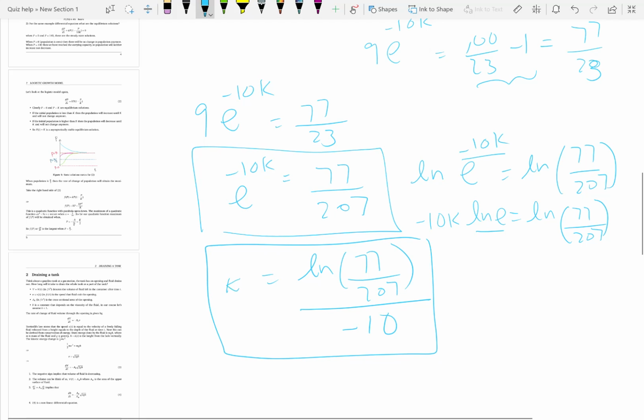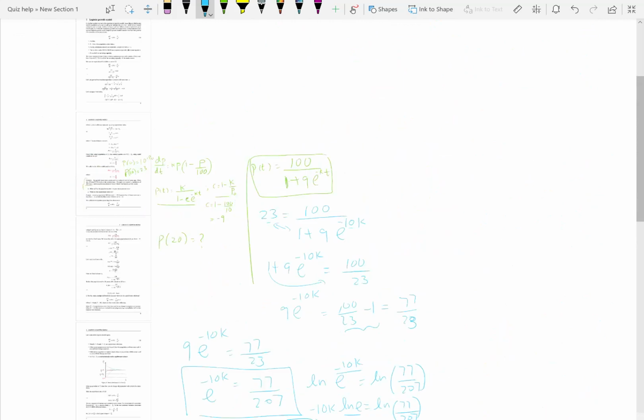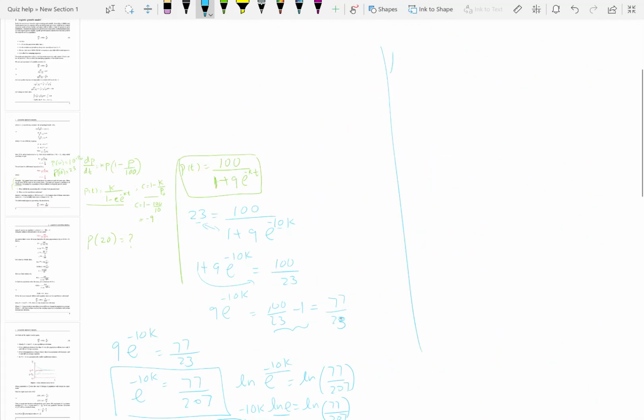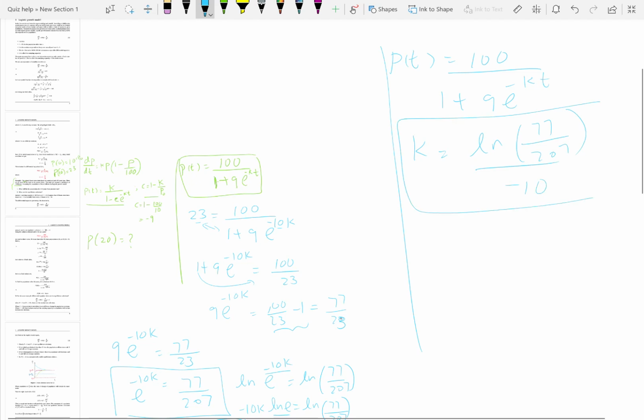So now we know all the constants, all the parts of the solution, right? Let's go back to the solution. P(t) is equal to 100 over 1 plus 9 e to the negative kt, and we know k is natural log of 77 over 207 divided by negative 10. Now what the question asks is what the population is after 20 years.